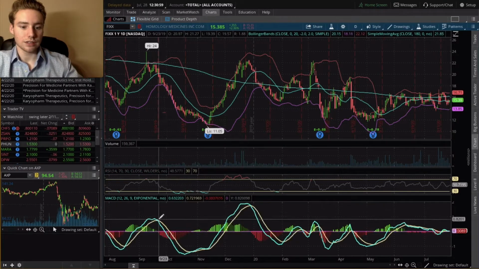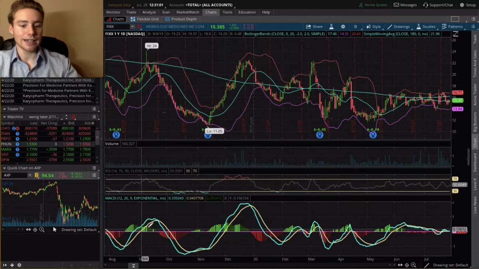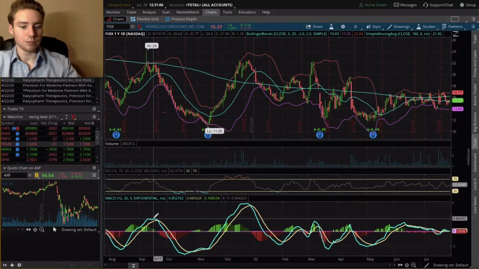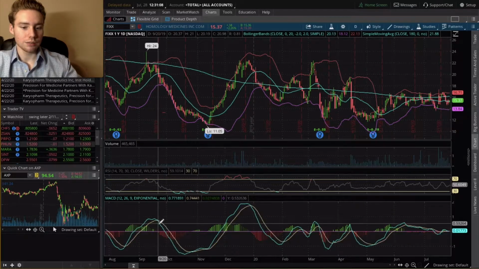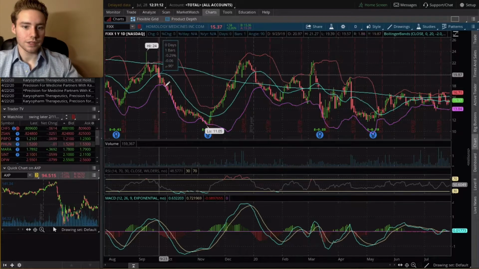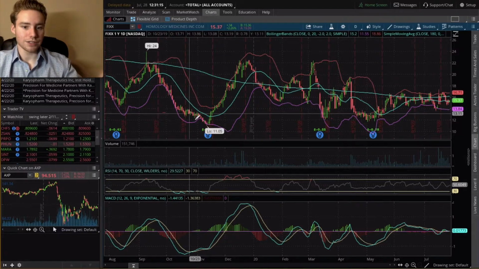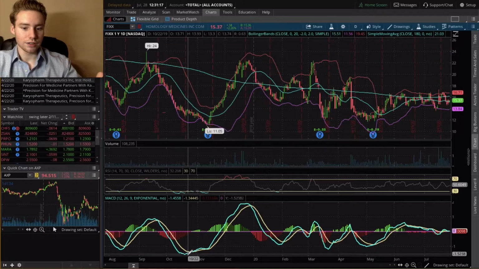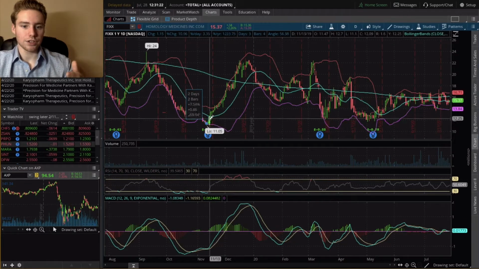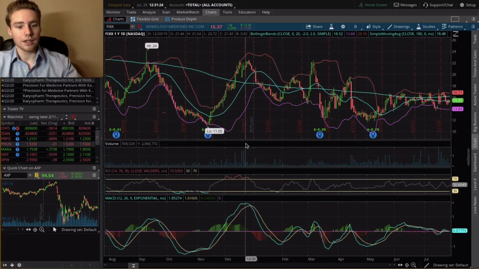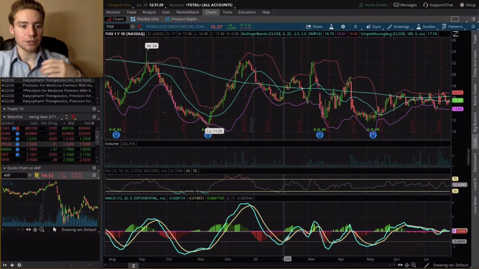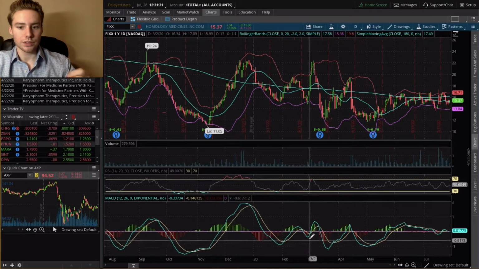So you're going to want to go down here to the MACD, and you can see that each time this blue line crossed beneath this beige line, it goes down, and every time the blue line crosses above this beige line, it goes up. So this is a fairly simple concept, and you're going to want to watch out for these moves because they can be short or they can be long.